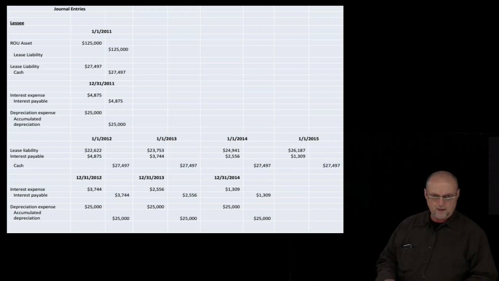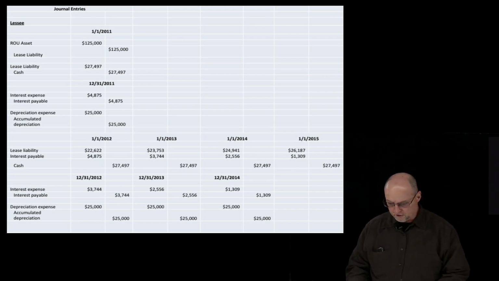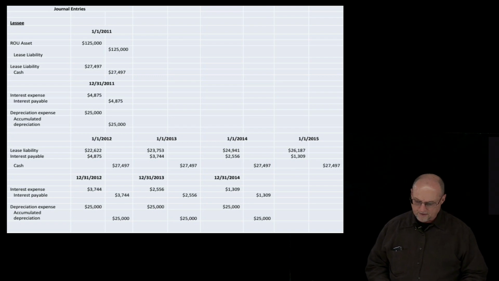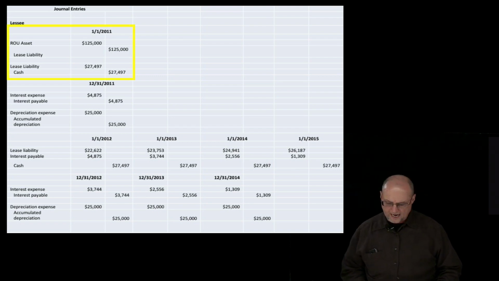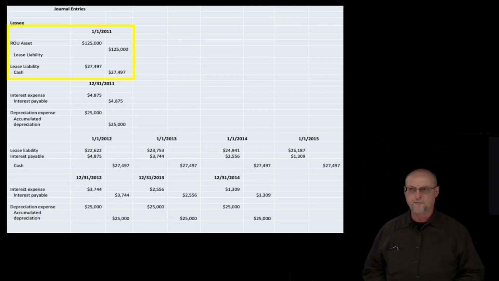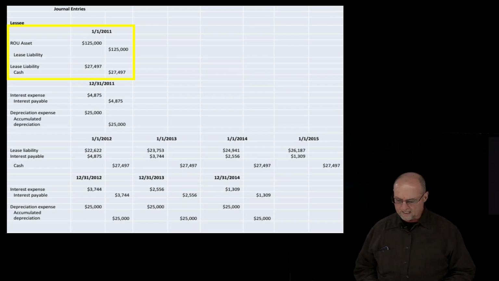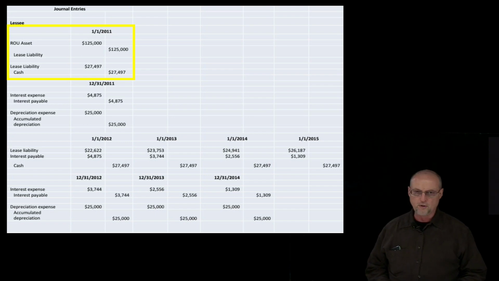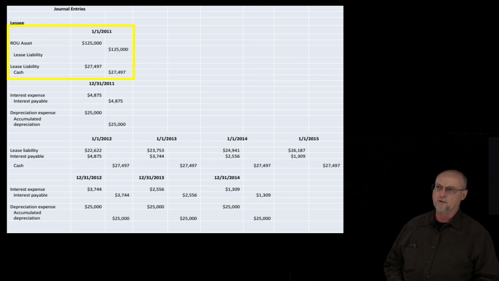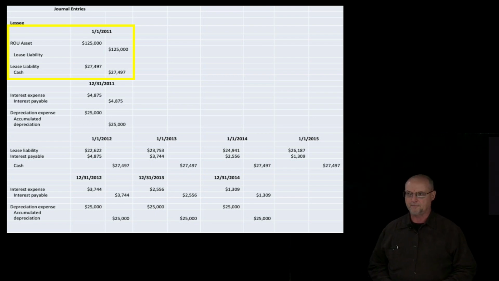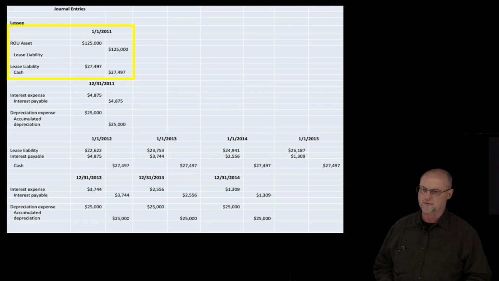I have to refer to my paper since it's in small type here, but for the lessee, on January 1st of 2011, the first day of the lease, we're going to record two journal entries. First, we're going to debit the right of use asset, ROU asset, for $125,000, and we're going to credit the lease liability for $125,000.